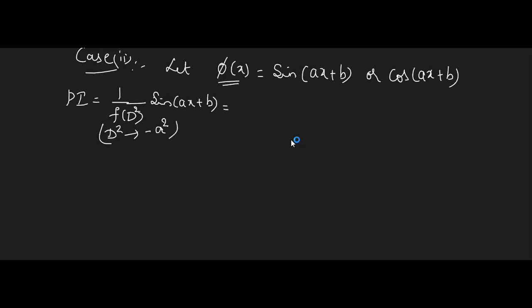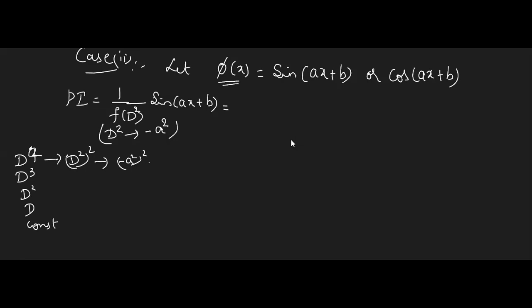Here f of d may have some d raised to 4 term, d cube term, d square term, d term and a constant term. It is applicable only to those. So suppose d raised to 4 is there. You can write this as d square the whole square, and you can replace d square by minus a square.